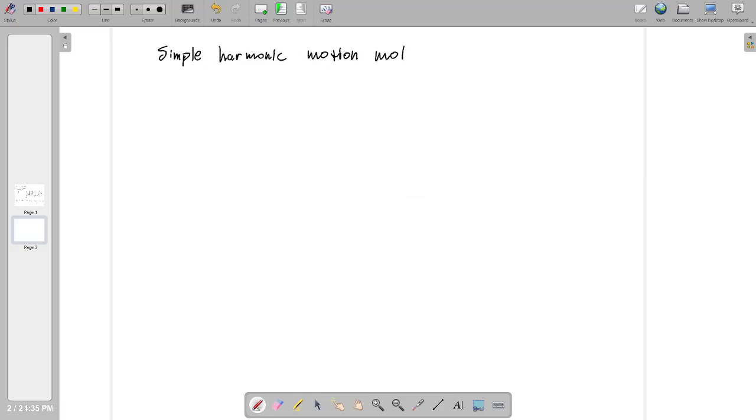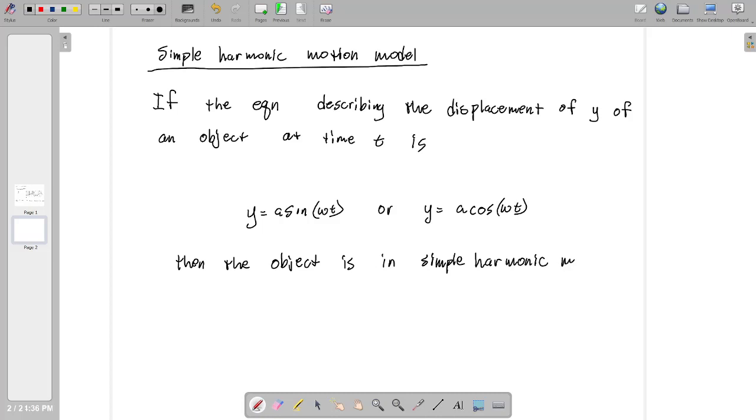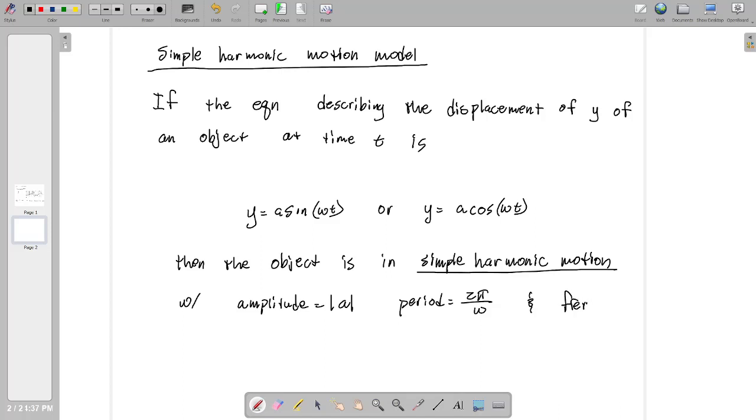Simple harmonic motion model. If the equation describing the displacement y of an object at time t is y equals a sine omega t, or y equals a cosine omega t, then the object is in simple harmonic motion with amplitude, absolute value of a, period 2 pi over omega, and frequency omega over 2 pi.